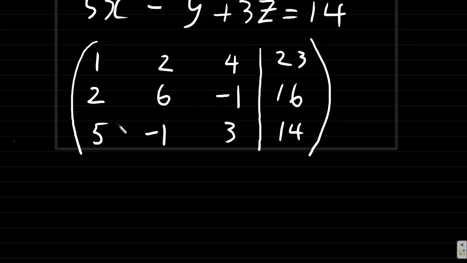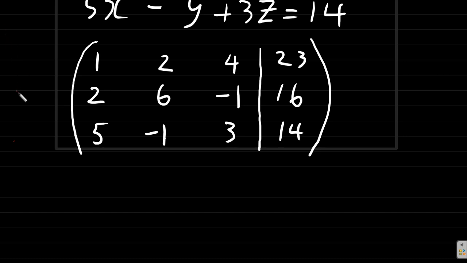One row will have two variables eliminated. When we have 0 here, x will be eliminated. When we have 0 here, y will be eliminated, but we still have z. When we have 0 here, x will be eliminated, but y and z would be the same. And then in row 1, none of them would be eliminated. Alright?